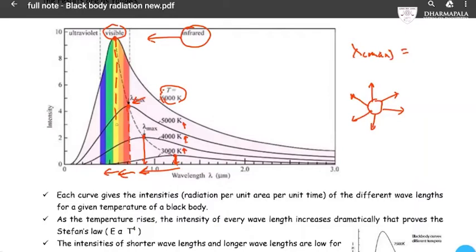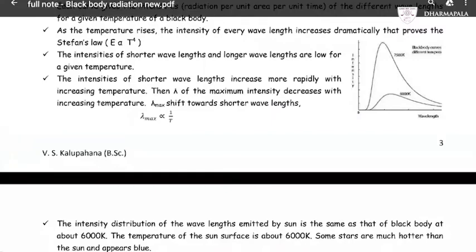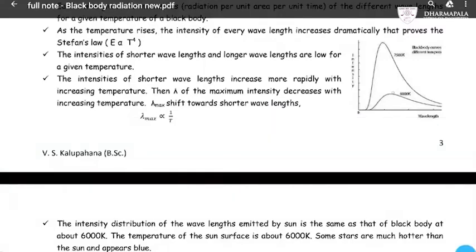That's why the sun is emitting more visible light than other light. So even in this graph, you can see that lambda max is shifting towards the shorter wavelengths. So the relationship, we can write as lambda max is inversely proportional to temperature, which means with the increase in temperature, the wavelength of maximum intensity decreases.